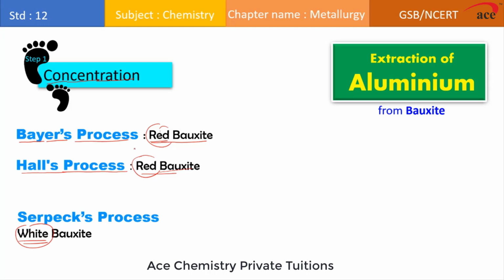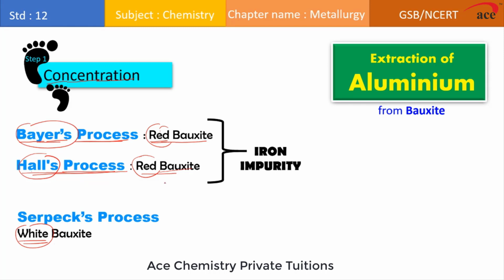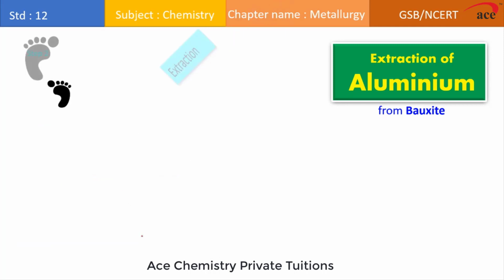For red bauxite, we can use Baeyer's process with sodium hydroxide as Baeyer's reagent, and in Hall's process we use sodium carbonate, and Serpeck's process is for white bauxite. In red bauxite, the impurity present is iron, and in white bauxite the impurity present is silica. So these are the methods of concentration.